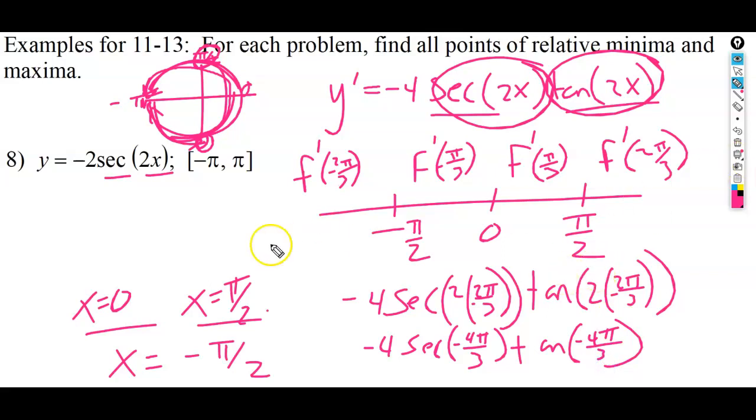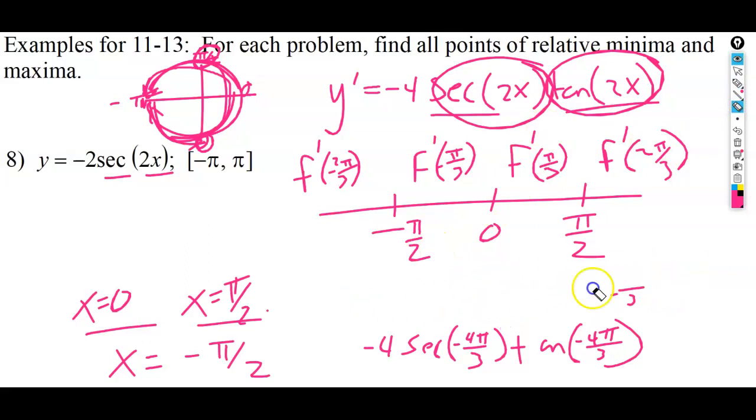Okay, and once again, you got to kind of know your unit circle to be able to figure out what these things equal. 4 pi over 3 is usually here, but when you're working backwards, it would be like about here, I think. So we're really kind of up here on our unit circle if we're working backwards.